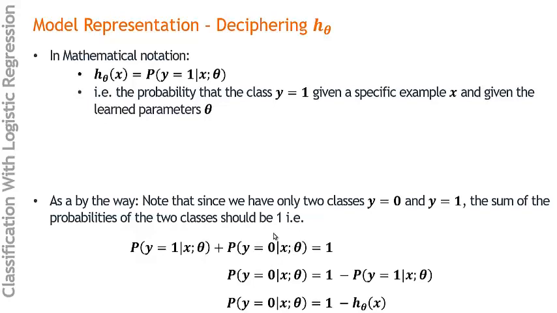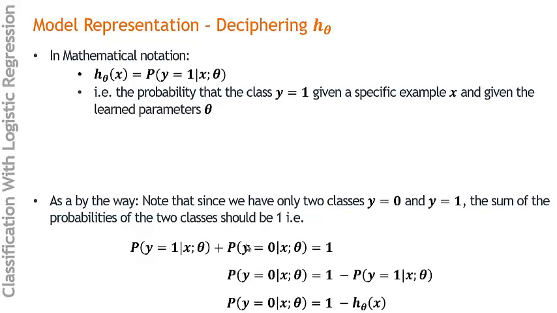So we're saying that under the condition that the features are x and the parameters are theta, the probability that y equals 1 under those conditions, plus the probability that y equals 0 under those conditions, is 1. One or the other of those two outcomes, y equals 0 or y equals 1, must hold.